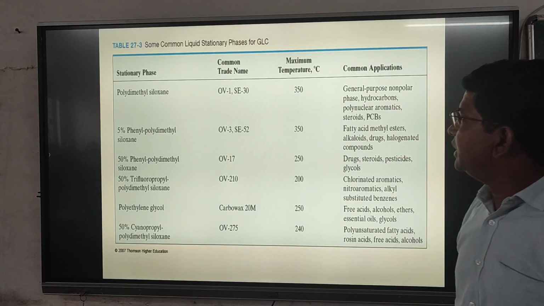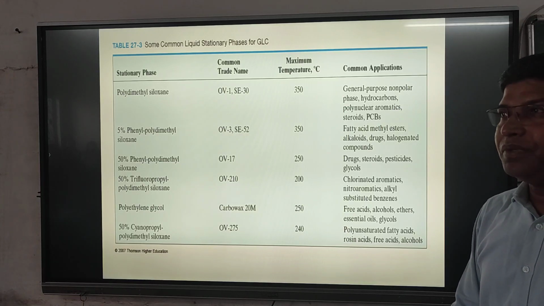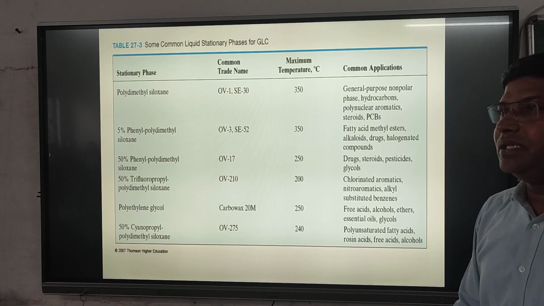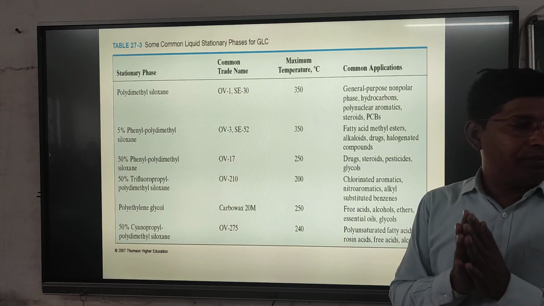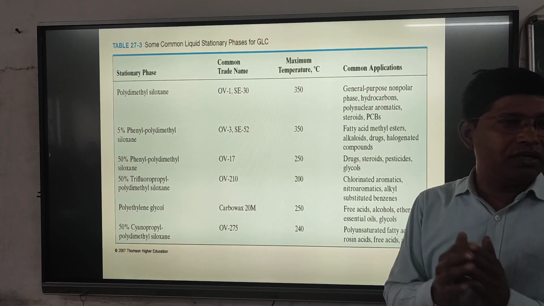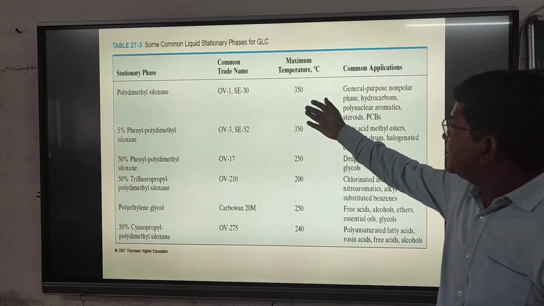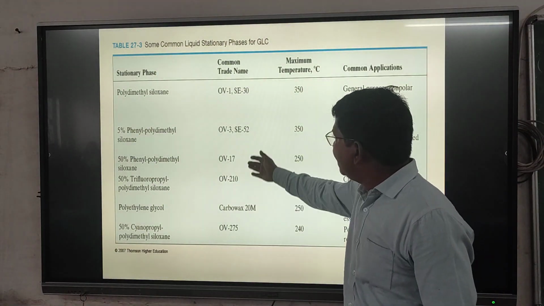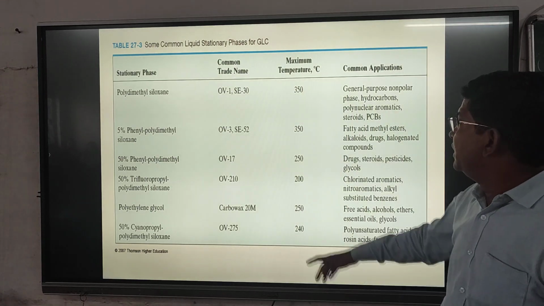Then these are the different packed columns. The packed column is for a compound mixture where there are 5 to 6 compounds you are going to separate. So these are the different commercially available packed columns, and these are the different commercial names of those columns.